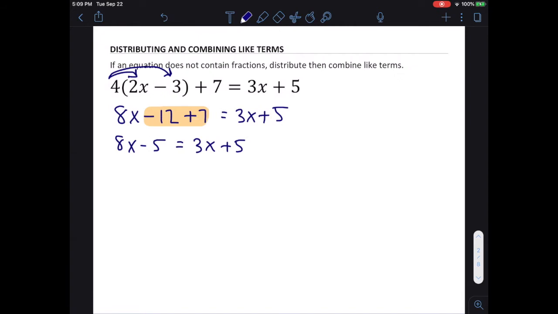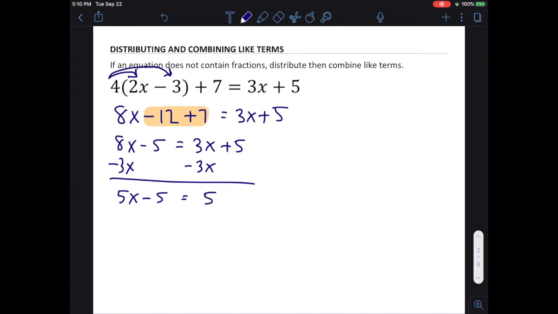And whenever we now want to get the variables on one side and the numbers on the other, we always start with the smallest variable. So in this case, the smallest variable is 3x, so we're going to subtract 3x. And we're going to end up with a bunch of 5s. So we end up with 5x minus 5 is equal to 5.